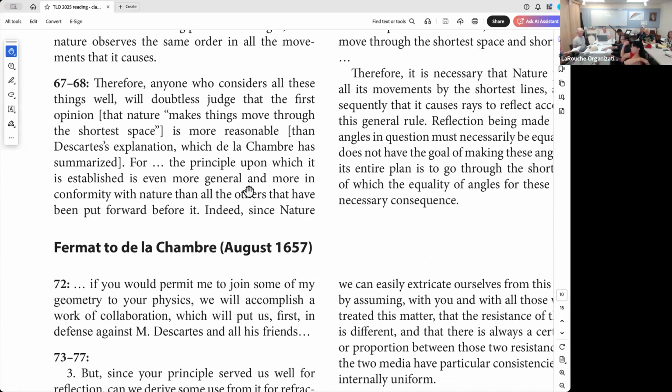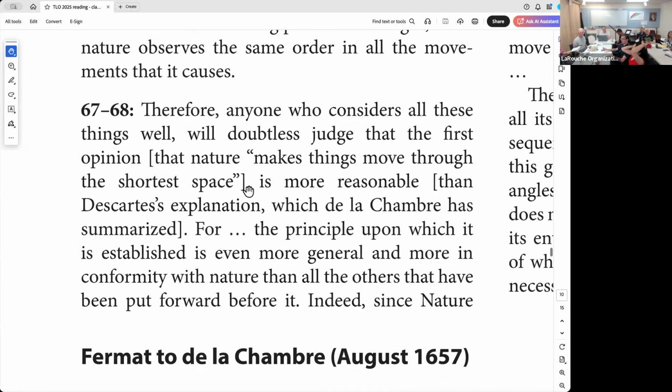Therefore, anyone who considers all these things well will doubtless judge that the first opinion, that nature, quote, makes things move through the shortest space, end quote, is more reasonable than Descartes' explanation, which de la Chambre has summarized.